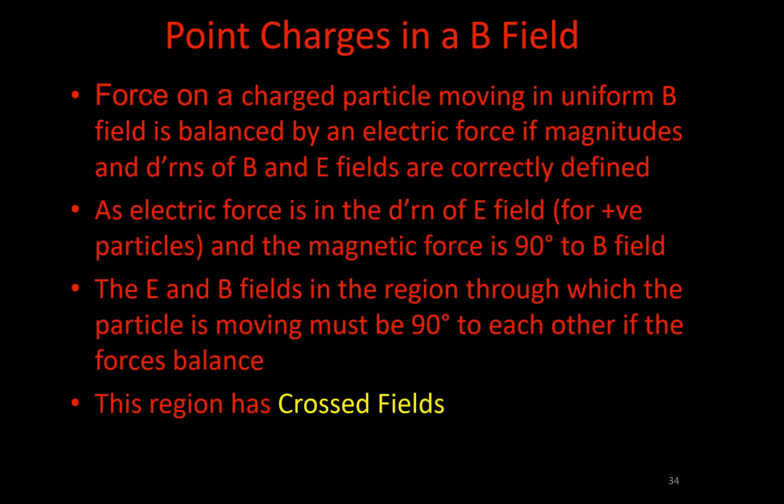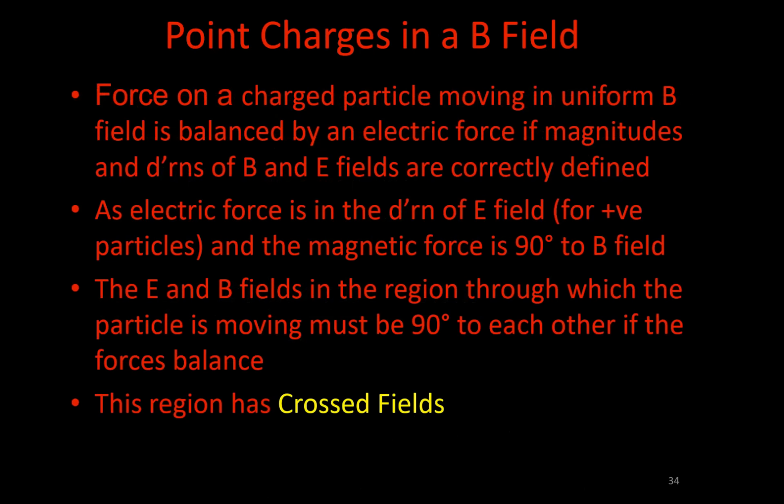So a force on a charged particle that's going to move in a uniform magnetic field can be balanced by an electric force, and then the magnitudes of your magnetic and electric force can be defined, and you can actually put a particle where you want it to go. As the electric force is in the direction of the electric field, for a positive particle anyway, the magnetic force is 90 degrees to the magnetic field.